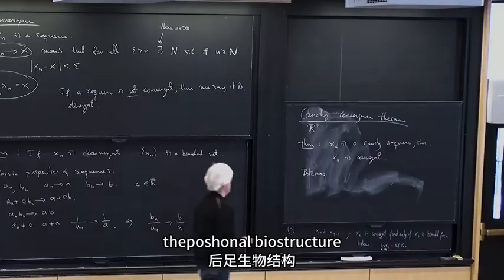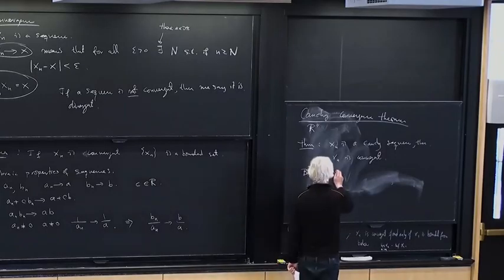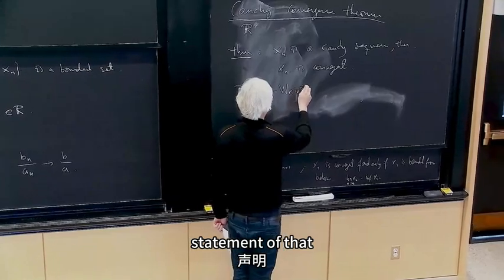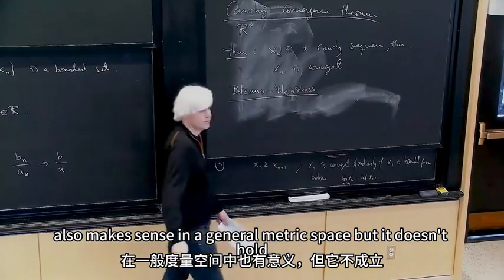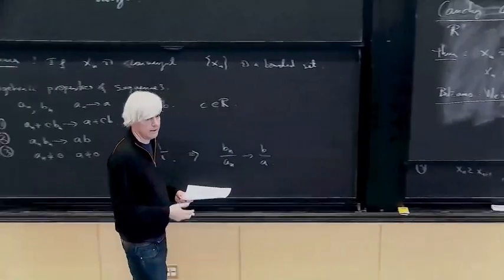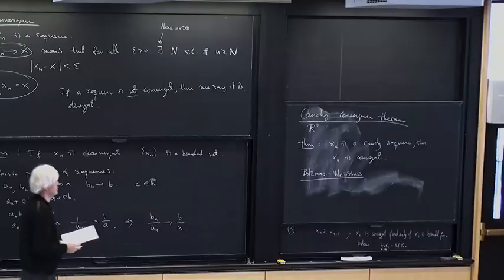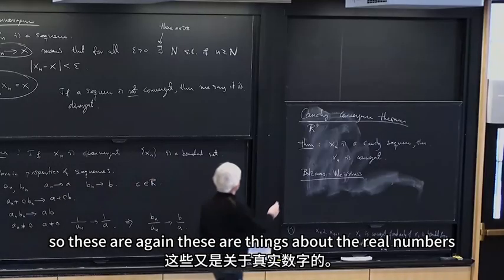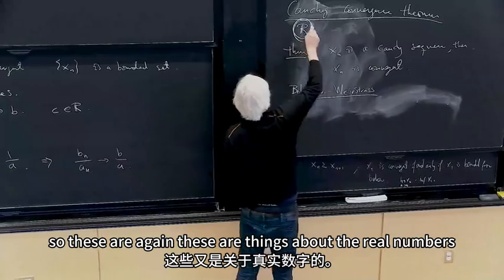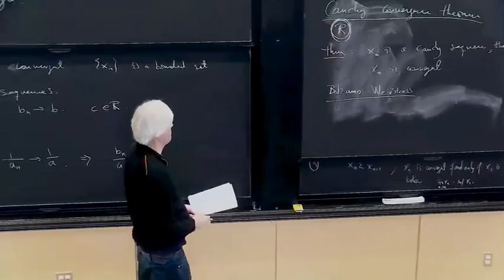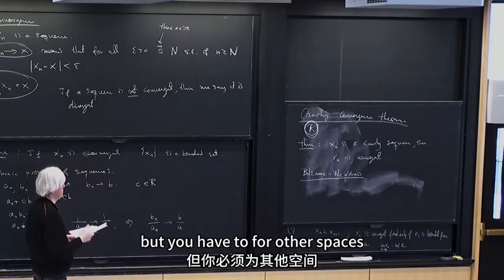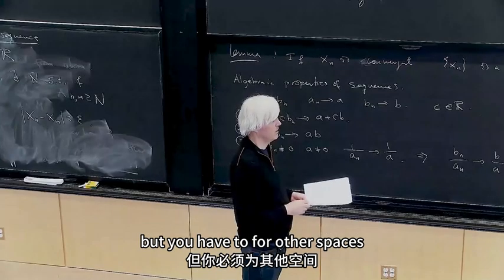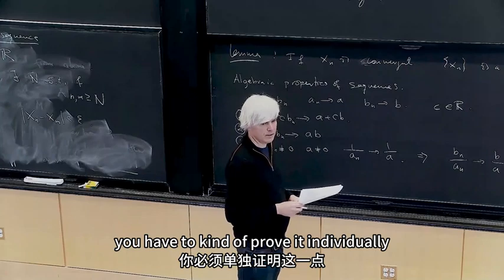The statement of the Bolzano-Weierstrass theorem also makes sense in a general metric space, but it doesn't hold there either. So these are things about the real numbers. They extend to more than the real numbers, but for other spaces you have to prove it individually.